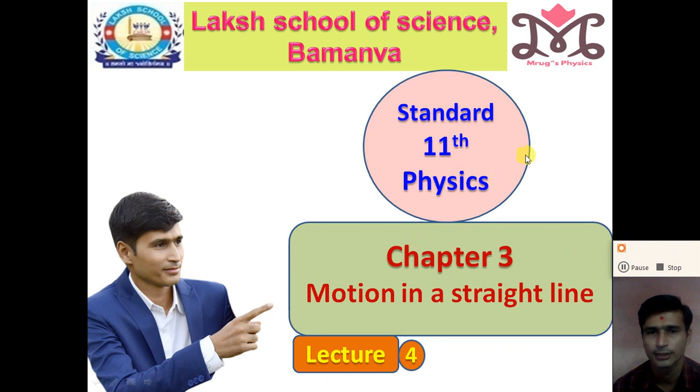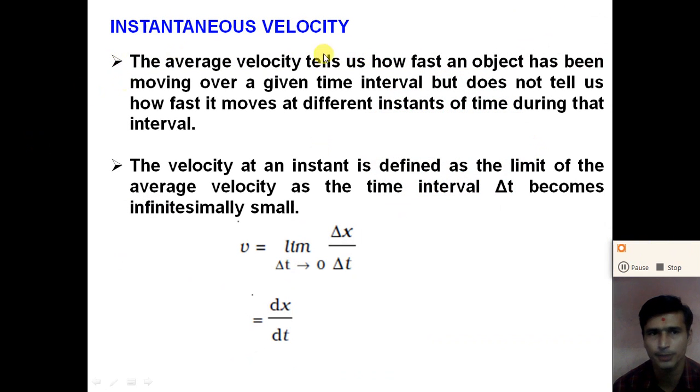The average speed tells us how fast an object has been moving over a given interval, but does not tell us how fast it moves at different instants of time during that interval.